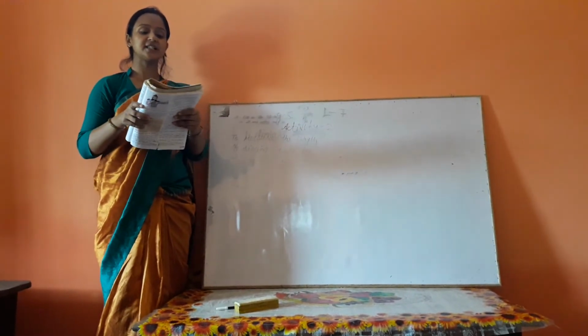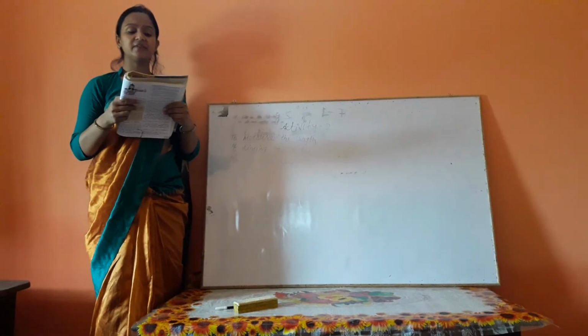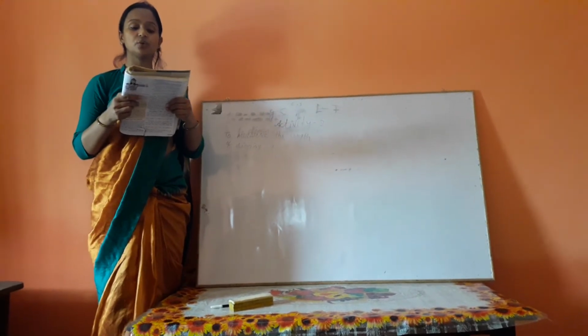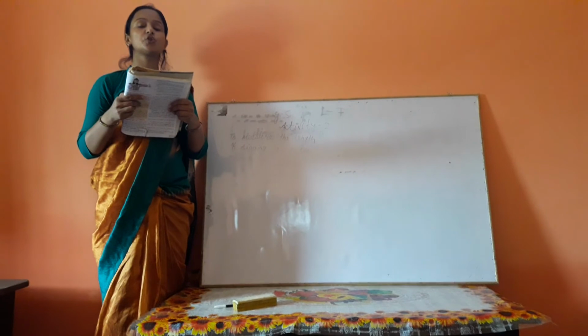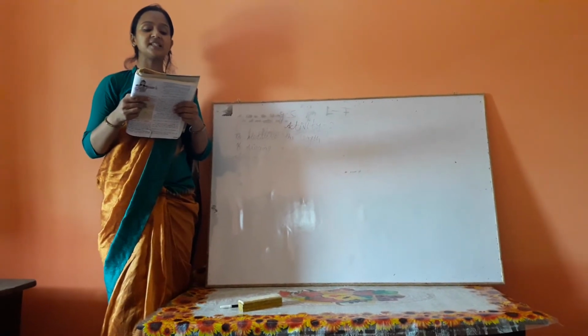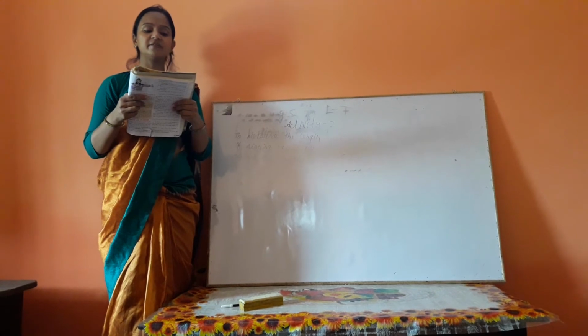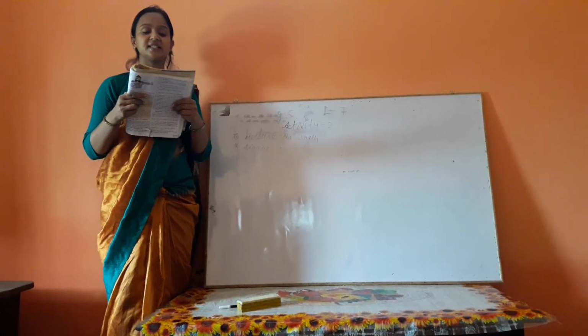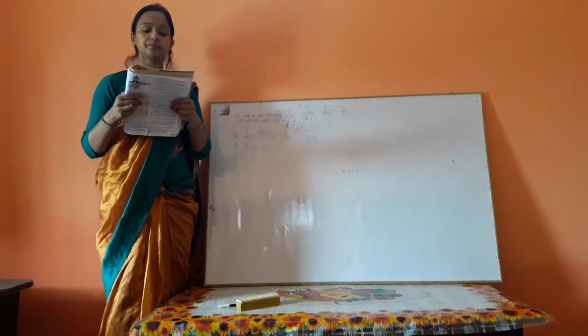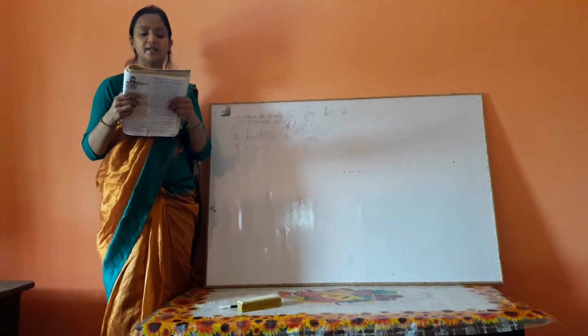Now we will discuss an example. In the last activity I told you the length of the table top is 5 pencil lengths. In this measurement of length, 5 is the number and pencil length is the unit of length selected for measurement.